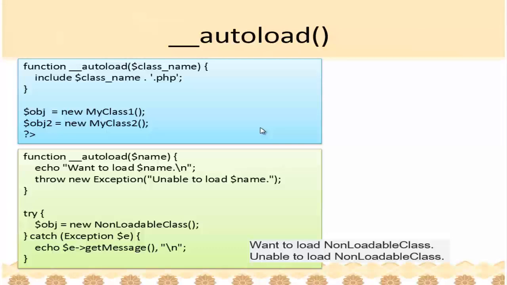The file is stored with the name of the class along with the file extension .php. Whenever somebody calls, say, MyClass1, and MyClass1 is not included, automatically this is called and it will be included. If you write $student = new Student, and it is not already included, it is automatically included. That's the use of autoload.